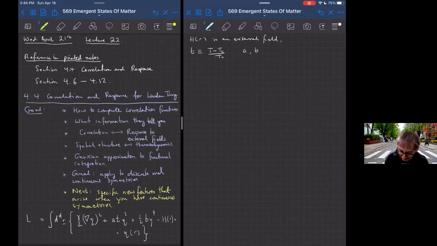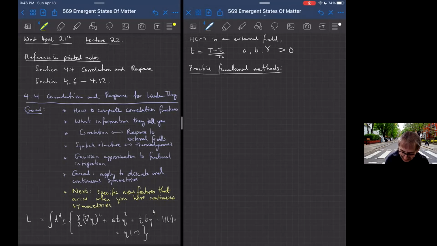A and B and gamma are coefficients that are greater than 0. So in principle, we can non-dimensionalize that, but I've chosen not to. So the next thing I want to do is some practice with functional methods, because it's been a while since you had a chance to look at them.